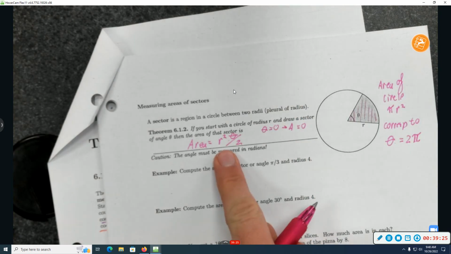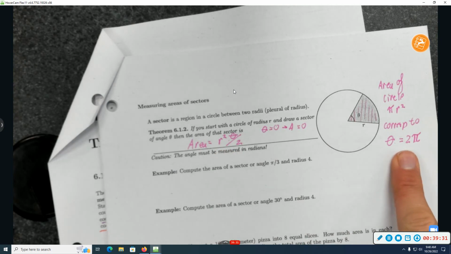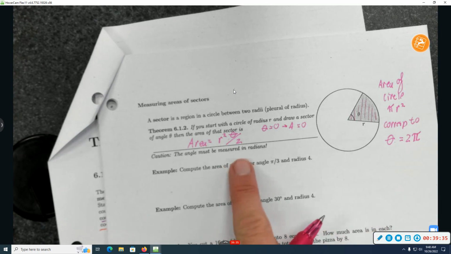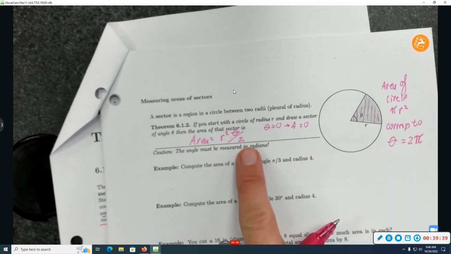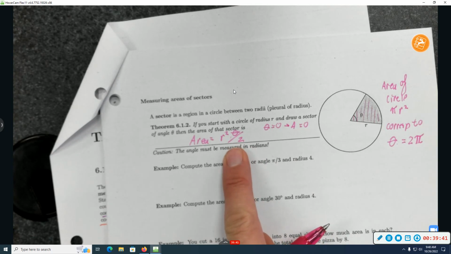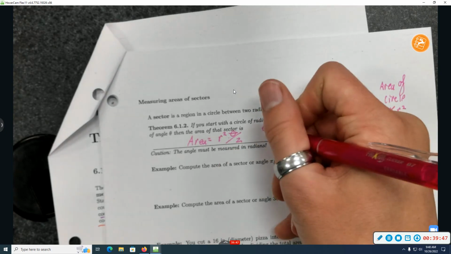Does this formula give you 0 when theta is 0? Yeah. When theta is 2 pi, it should give you pi r squared. Plug in theta equal to 2 pi. Does that give you pi r squared? Yeah. So I think this formula works.